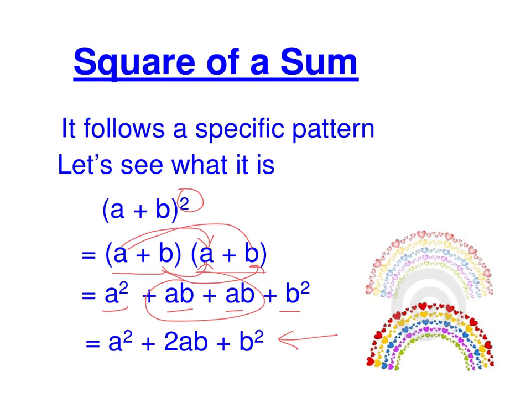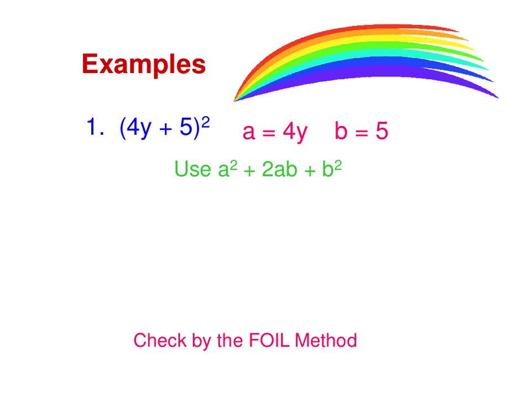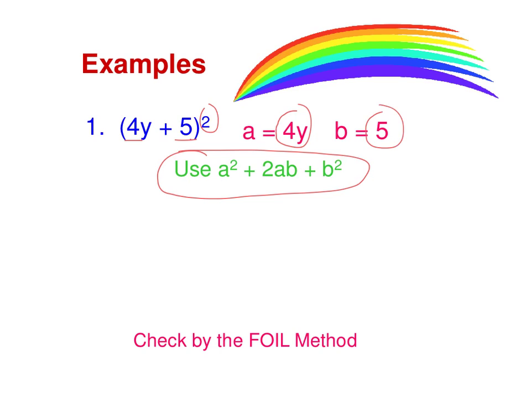My answer is always going to follow the pattern: the first term squared, the second term squared, and the first term times the second term, doubled. So let's use this pattern and square the quantity 4y plus 5. Our first term is 4y, our second term is 5.